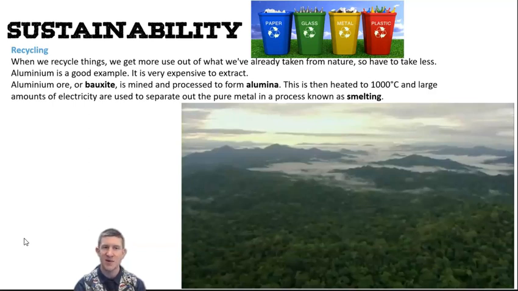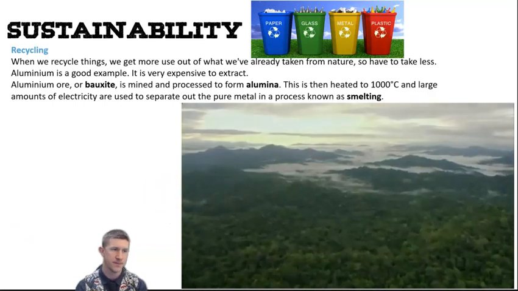This is then heated to 1,000 degrees Celsius, and huge amounts of electricity are used to separate out the pure metal, known as smelting. So that's an unsustainable process, right? That's very resource intensive. It takes a huge amount of heat, huge amount of electricity, on top of the fact we've got to mine it. So if we can recycle these resources, so we recycle our cans and our metal things, then we don't have to go through this huge process again just to get it from the natural form.